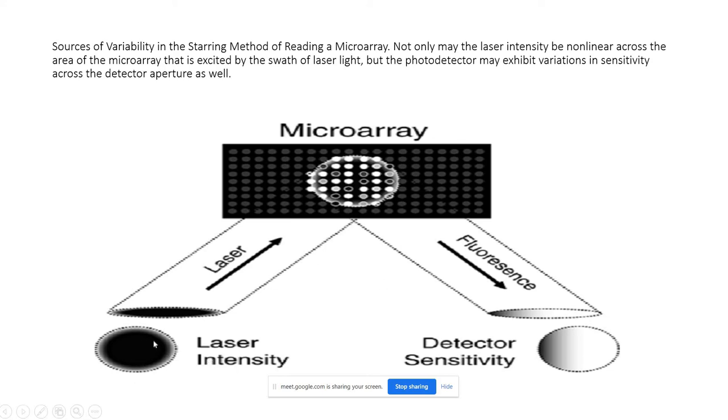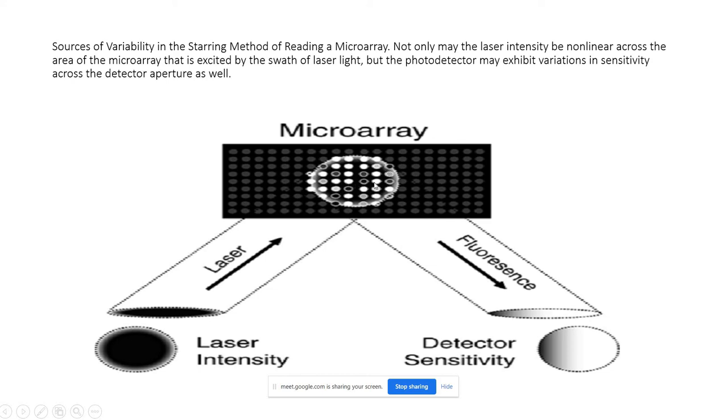So here you can see this is the laser intensity, and this is the microarray slide. The photodetector may show variation in sensitivity across the detector aperture, meaning how much it is covering. Here you can see on this slide, it is not able to scan all the spots.